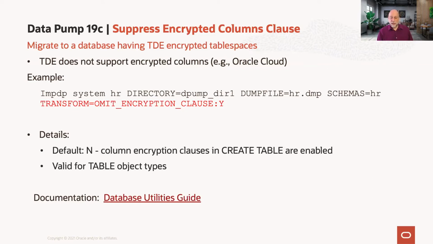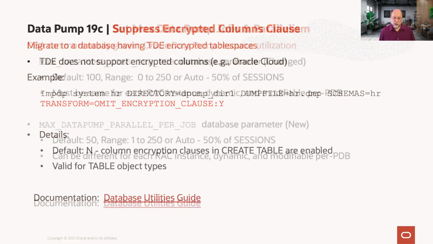This feature in 19 lets you do that seamlessly with Data Pump, where we essentially emit the encryption clause on your column so that we can move it into the tablespace without you having to manipulate it or decrypt the column first. So that's just a helpful ease of use or quality of life improvement for migrating into TDE.